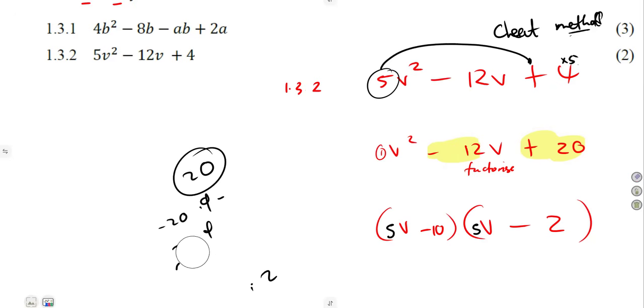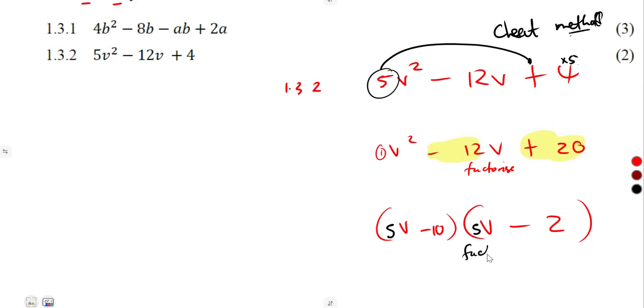And factorize again, where applicable in these brackets. You must factorize what is common. 5 is common in the first bracket. That's our highest common factor. So we factor that out. 5v divided by 5, that's v. Minus 10 divided by 5, that's minus 2. The second bracket, we do not have anything common, so it is just going to remain like that.